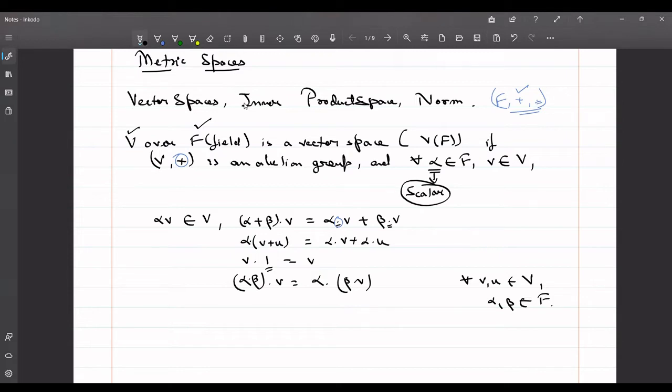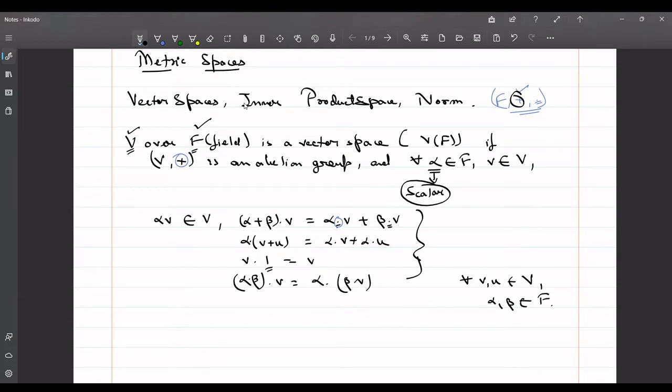So if there exists a set V over some field F which obeys these conditions, that V with respect to the first operation is an abelian group, and with respect to the second operation obeys these conditions, then we say that V is a vector space over F. This is very elementary.